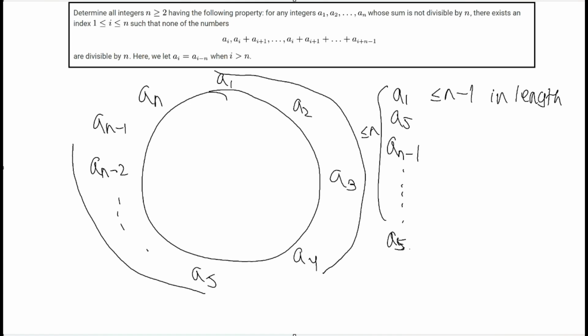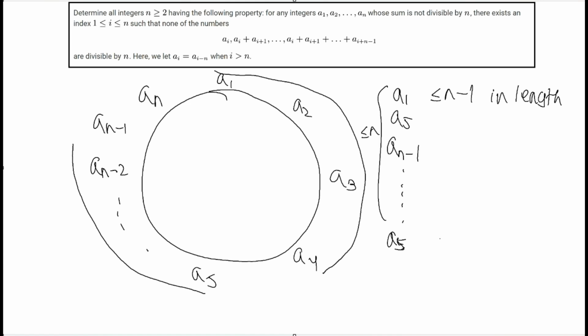So that means that the total length of all the arcs is less than or equal to n times n minus 1. And since we use n numbers on the circle, that means that each number is covered at most n minus 1 times, and we're good.